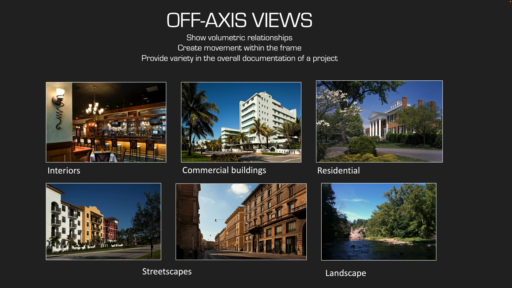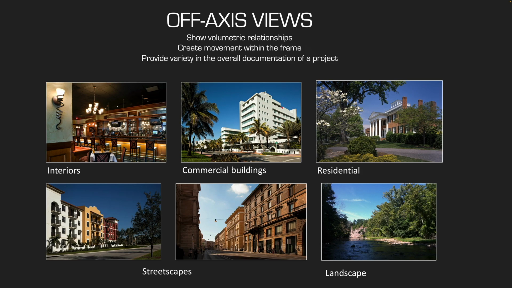So we shoot off-axis to show volumetric relationships, to create movement and dynamism within the frame, and also, frankly, just to provide a variety in your overall presentation of your project, so that they're not all axial compositions. And whether or not it's interiors or commercial buildings, residential, streetscapes especially, which are off-axis, or landscape.